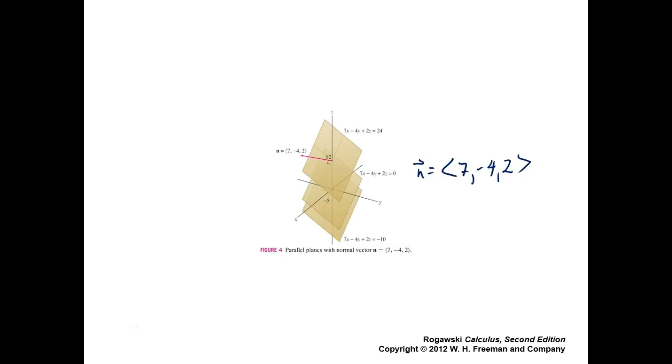Now that's just this one. This doesn't have to be, but that's your normal vector. Something coming out of the board this way. Okay. So this plane with that normal vector n and the line with the direction vector v both pass through the origin. The plane and the vector.